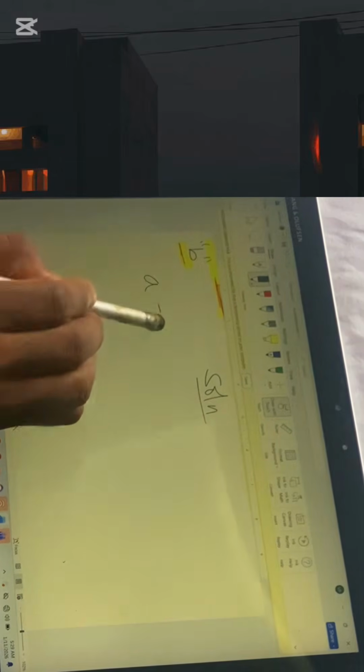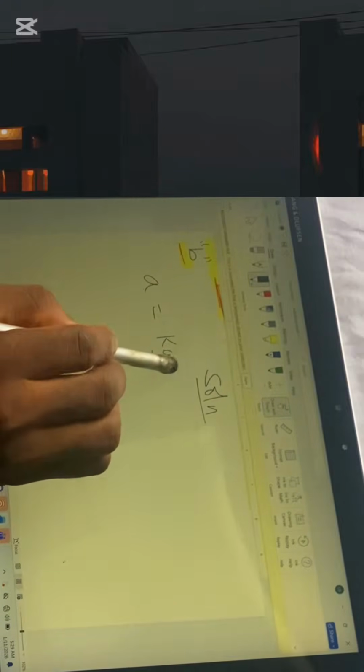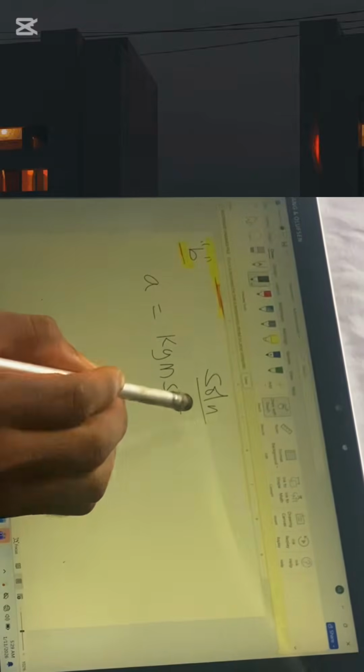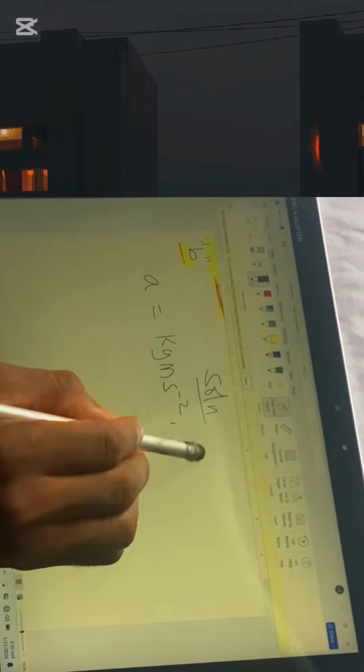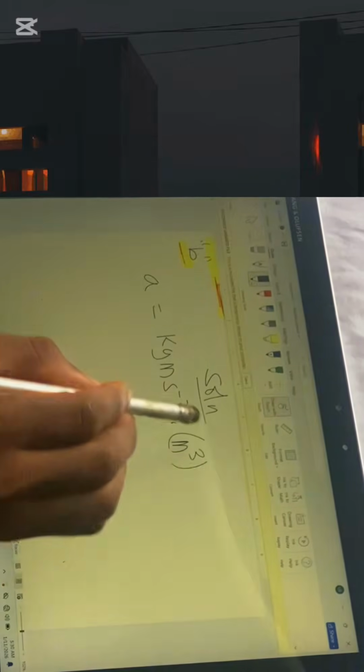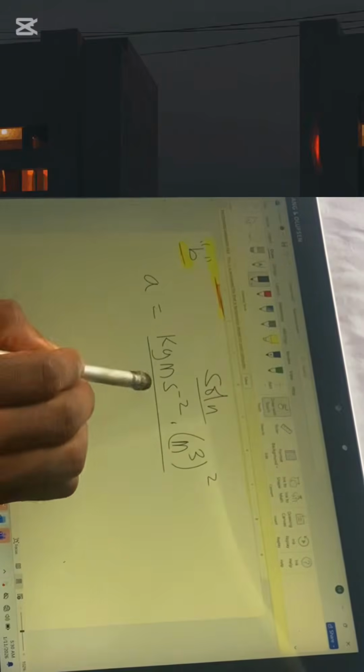That is A is equal to kg meter per second square times meter raised to the power of 3, all squared, over meter square. Remember, meter times meter is meter square.